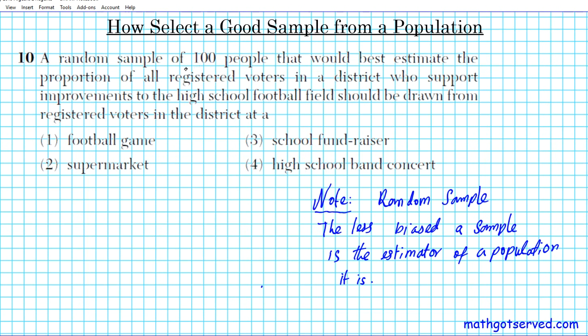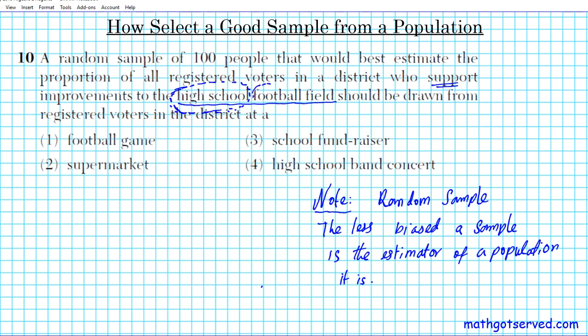In this particular situation, we're looking for people who are in support of improvements to a high school football field. We're looking at high school and football, so think about the possible biases that can happen. People in high school are going to be biased towards this, right? Either you're in high school or you have a child in high school.